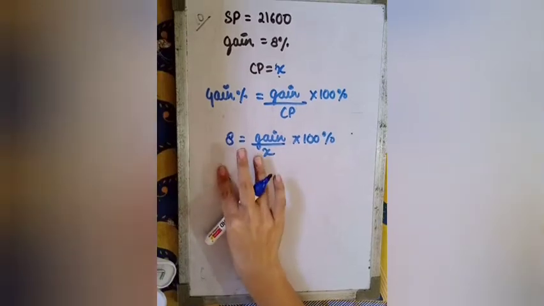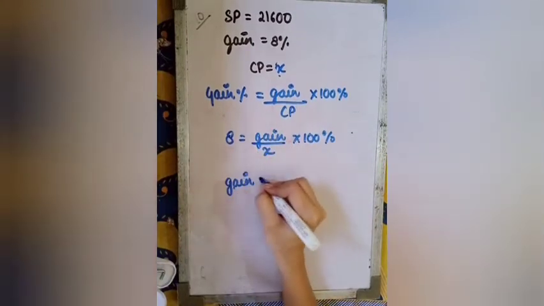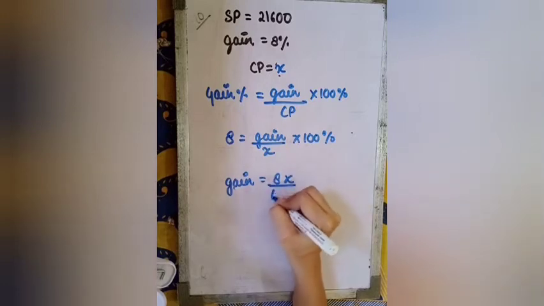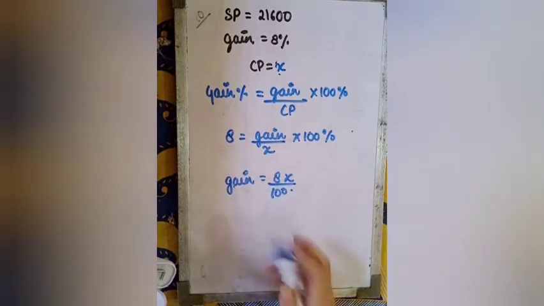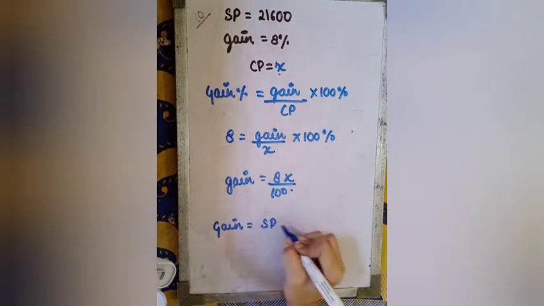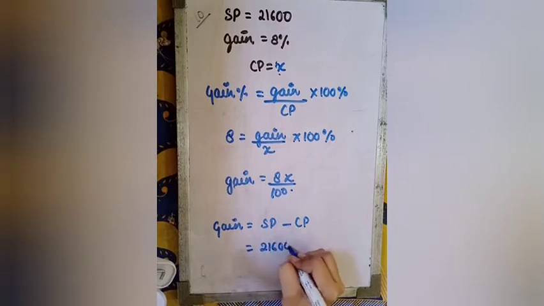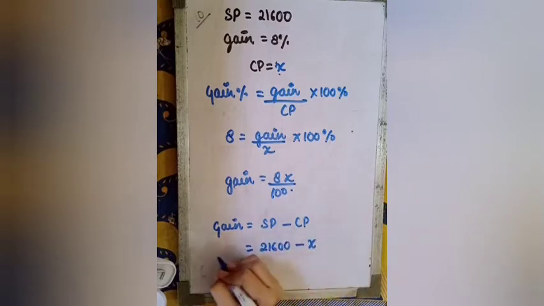From here we can find the value of gain. Gain will be 8x upon 100. Now we know gain also means profit, equal to SP minus CP. SP is 21600, CP is X, and gain is 8x upon 100.